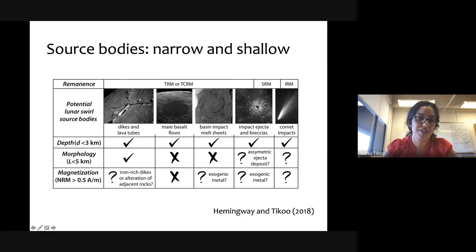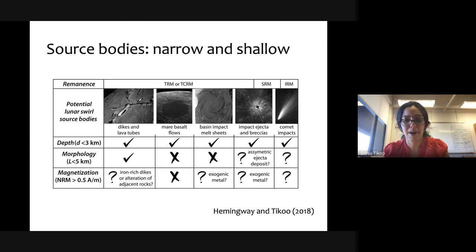You need magnetizations that are greater than about 0.5 amp per meter, when most Mare basalts are less than 0.1 or even 0.01 amp per meter. So they are not typically magnetic enough, but it's possible that there are heterogeneities in metal content in lunar igneous rocks that we don't know about because Apollo just didn't sample those rocks.